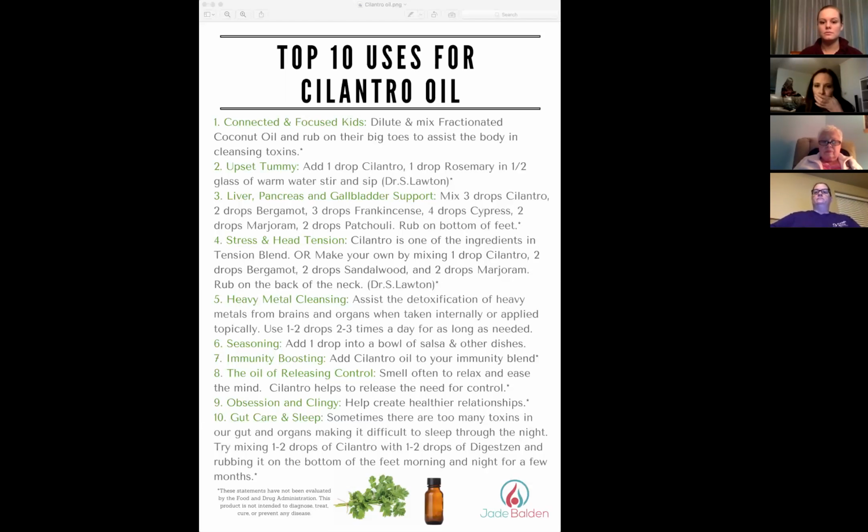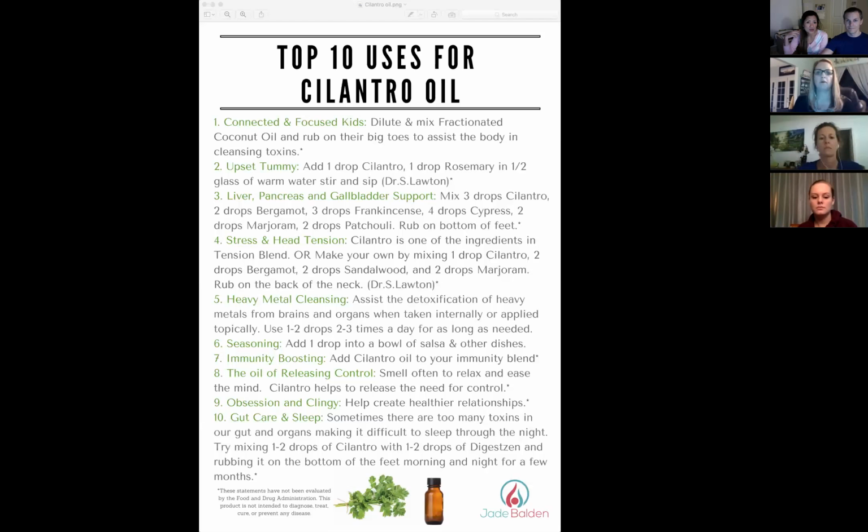They're very calming, and they relax the muscles and tissues. So with this combination, you can rub it on the bottom of your feet and help support those organs. So it's another option. You have the Zendocrine already, but there's a lot of people with different concerns, and sometimes if we try a different blend, it might be the one for them.